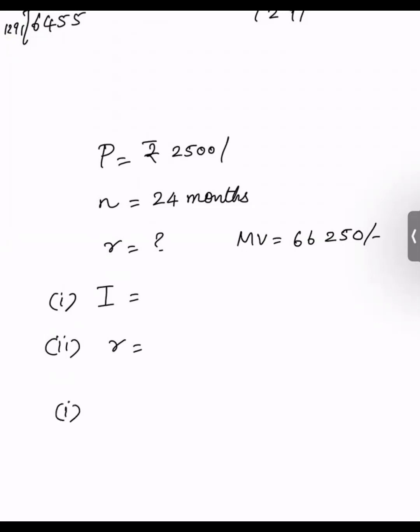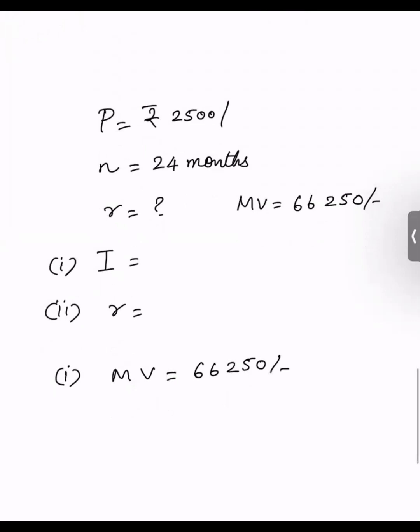So if you want to calculate interest, you know the maturity value, that is 66,250. What is the principal, the total sum that you have invested? Total sum invested is principal into number of months, right? That is the amount that you have invested.